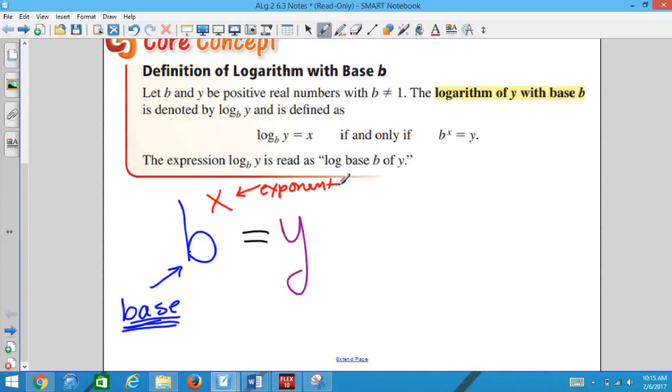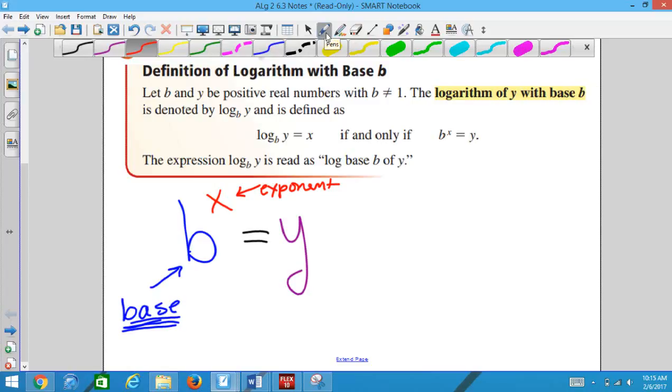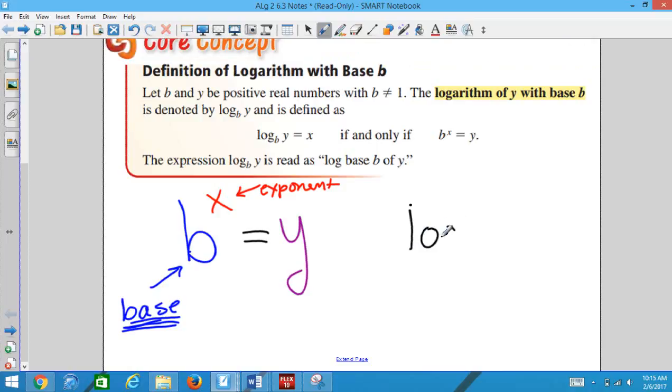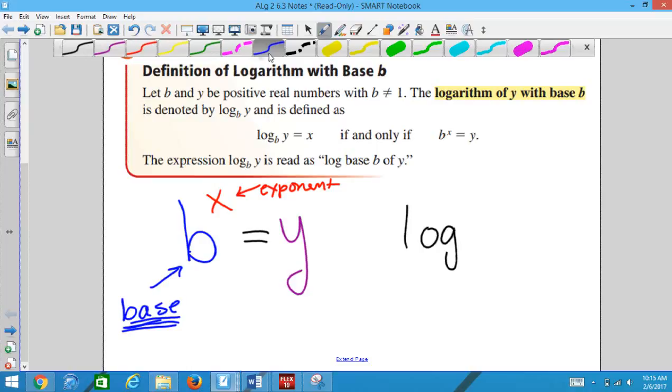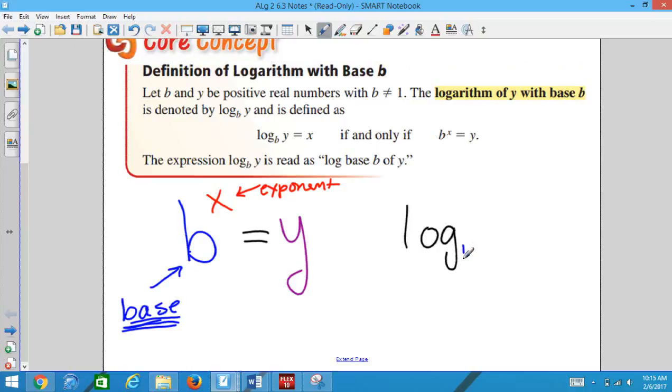When we rewrite this in logarithmic form, we're going to write log, and the log always has a base, which we're going to write as a low subscript number, and that base is the base from the first equation.